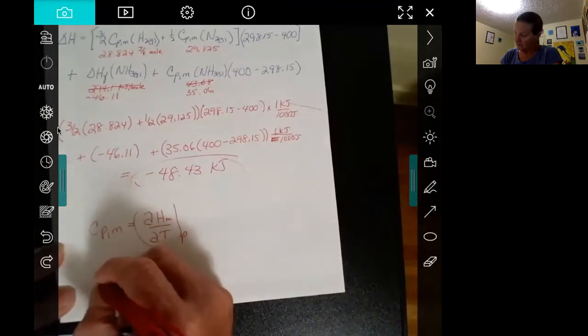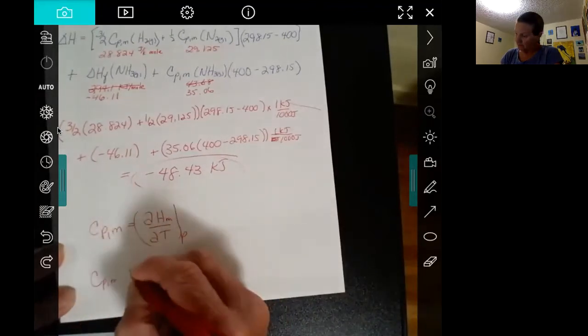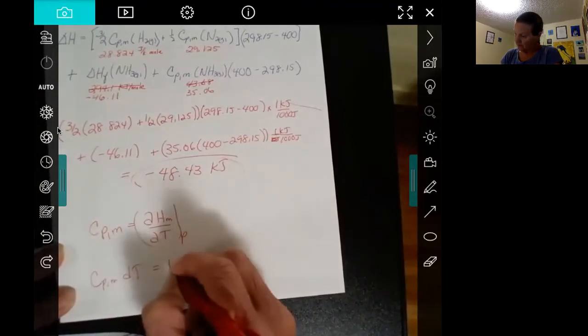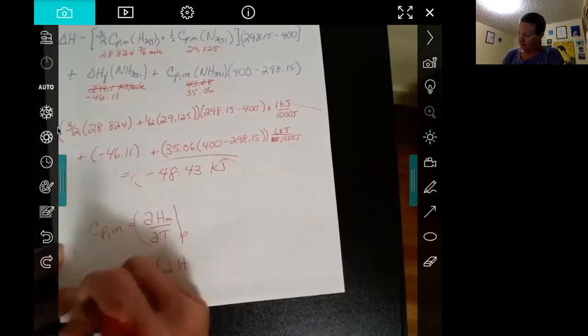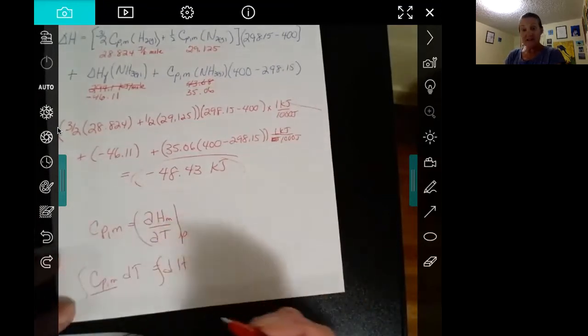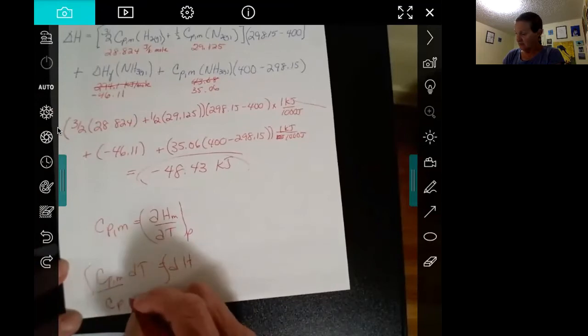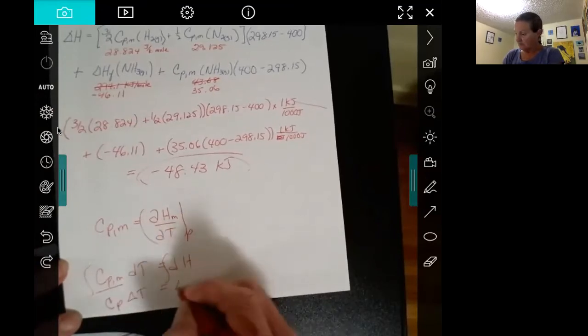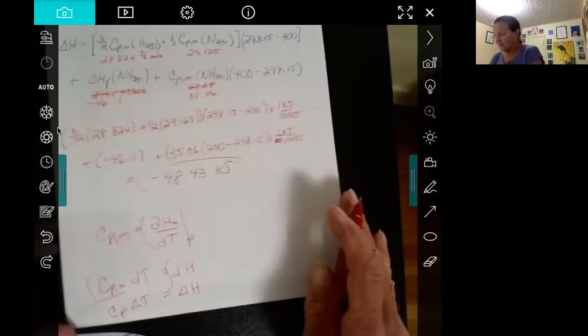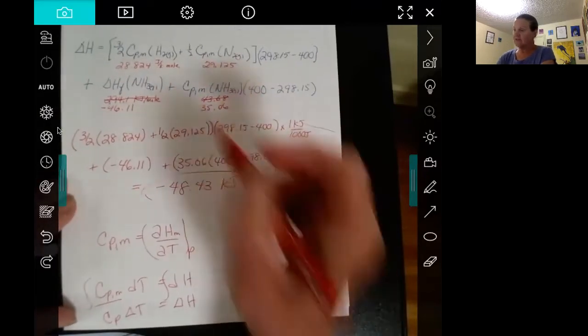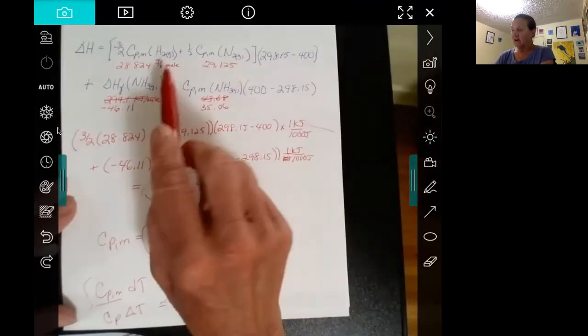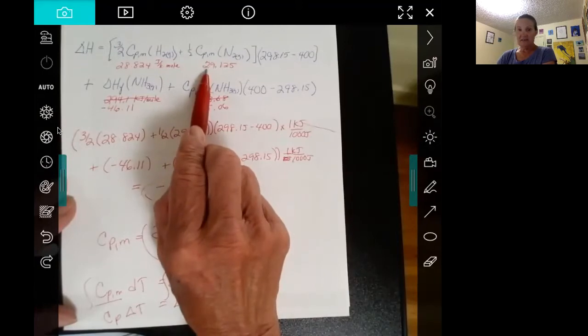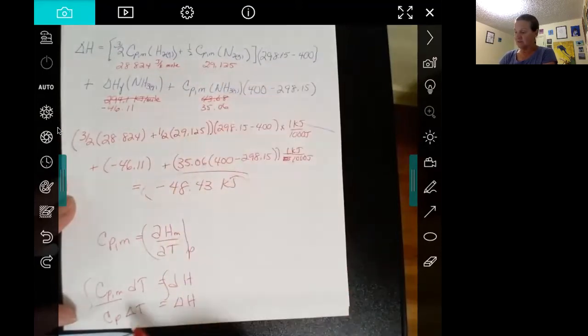So I can do this. And then I can integrate both sides. And if Cp is constant, then I get Cp delta T equals delta H. So that would mean for these steps of cooling and heating, all I need to do is multiply the heat capacities by the temperature difference.